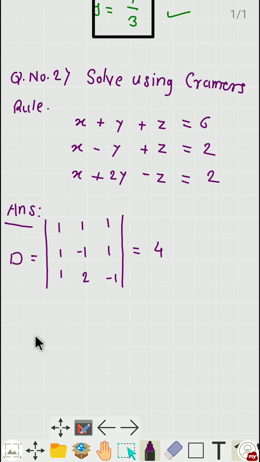Now after that we write the determinant dx. Dx is the determinant obtained from this determinant by replacing the coefficients of x by the right hand side constants. So 6 2 2, 1 minus 1 2, 1 1 minus 1.